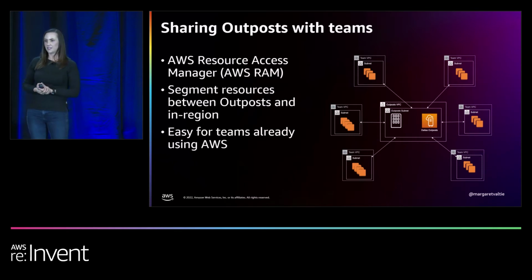The downside, this was still before it was generally available, GA, and we talked to the Outpost team all the time. We had all these check-ins with them, and then we got it installed. We had this RAM share. We started doing things, and then we thought, wait a minute.